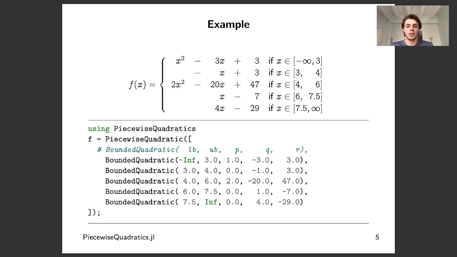So we can see here that the first bounded quadratic is defined on the lower bound of negative infinity to an upper bound of 3. The quadratic term is 1. The linear term is negative 3, and the constant term is 3. And we can see that this translates for each of the quadratics defined above to the line below.